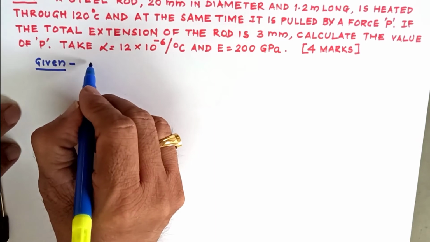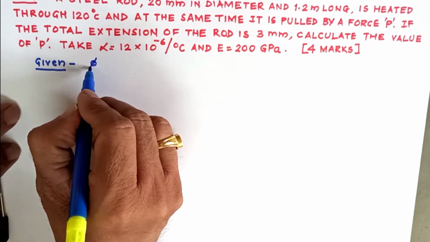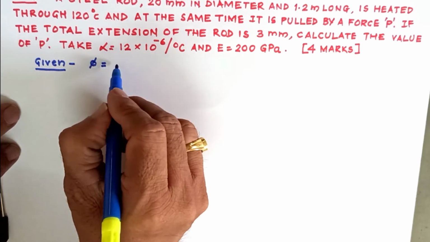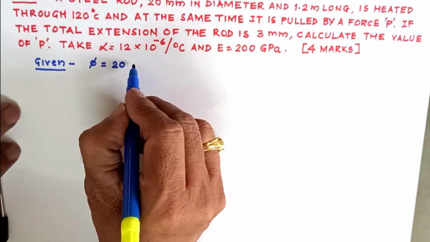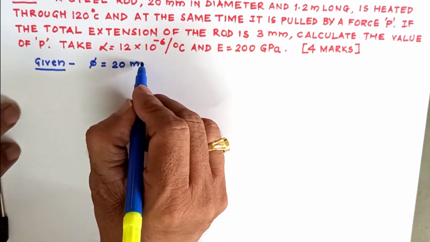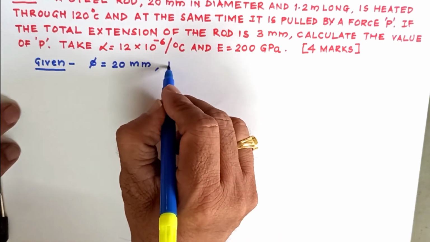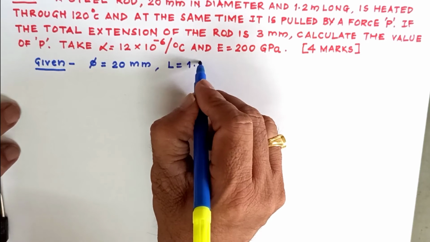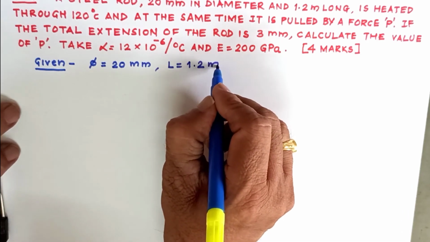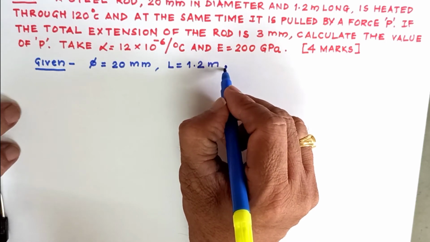Diameter of the rod is given, say 20 mm. Then the length is given, 1.2 meter. It is heated through.